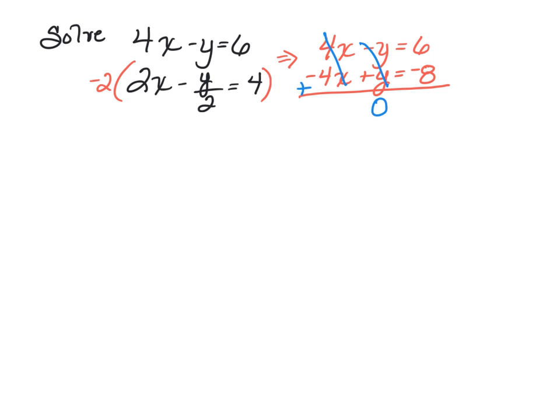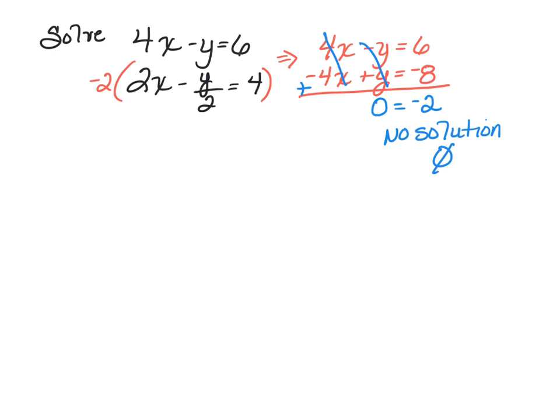So there's nothing left on this side of the equation, and 6 plus negative 8 is negative 2. Now I end up with an equation that says 0 is equal to negative 2, which we know is not possible. Therefore, this system of equations has no solutions, or I can use the empty set.